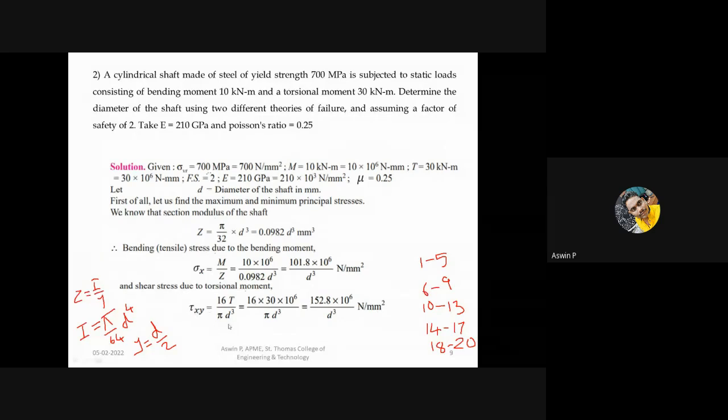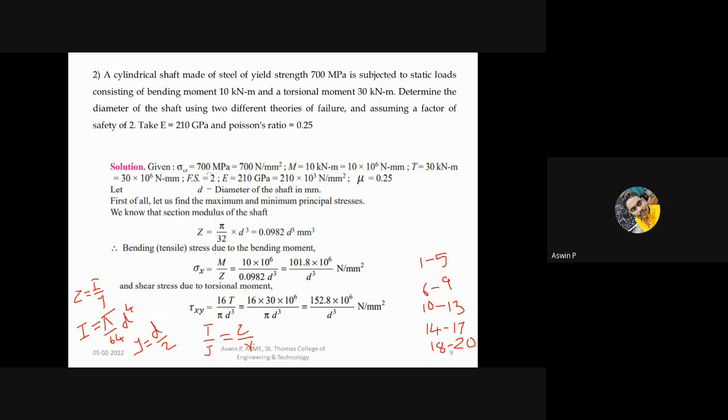found out using the torsion relation, which I have not taken. I think Rahul sir has taken this part with you: T by J equals tau by R, where J is pi by 32 d raised to 4 and R is d by 2.